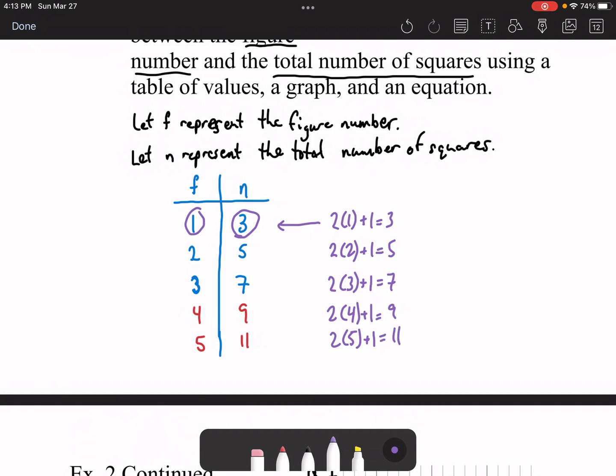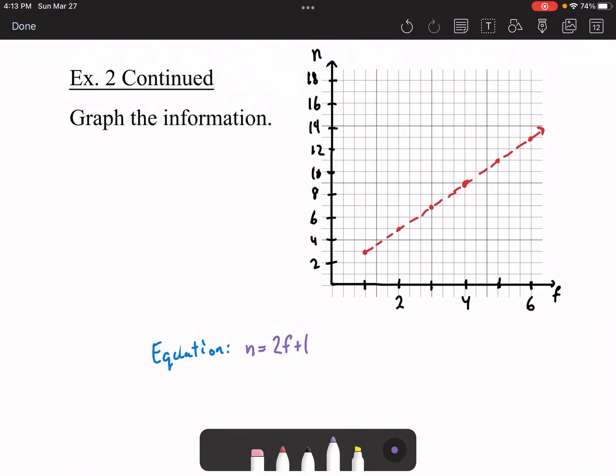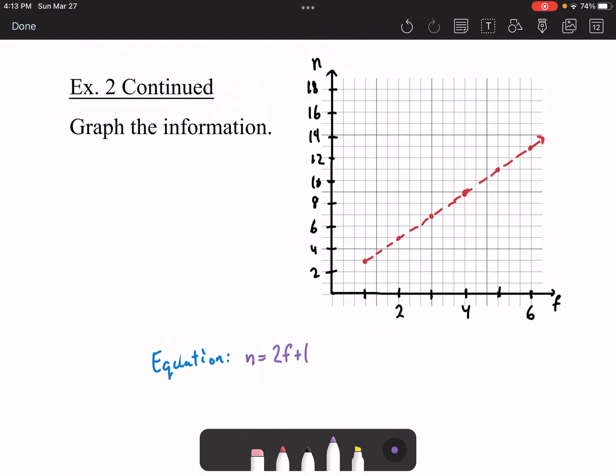So if that's the case, whatever f is, it'll give you the value of n. So your equation right here would be n equals 2 times f plus 1. And again, this can sometimes be challenging or problematic, but it just takes time for you to get better at it.